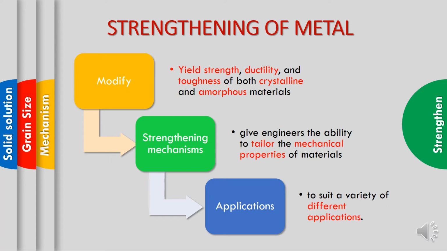In order to modify, the engineer has to understand strengthening of metal, especially its mechanism. It will give the engineer the ability to tailor the mechanical properties of materials, and finally, to suit a variety of different applications.